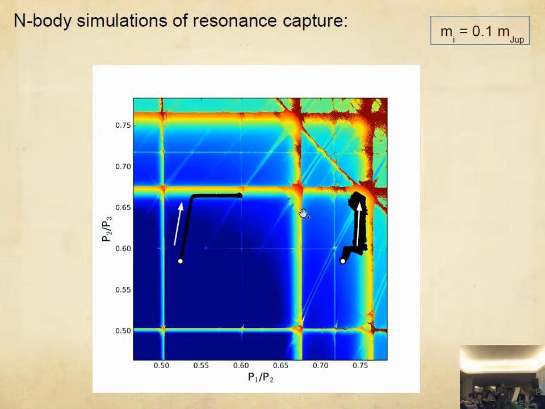So, for example, for this case, first you have the capture of planets 2 and 3 in the 3/2 resonance, and then you begin to move this subsystem until it is captured in the three-body resonance with the other planet. And the same thing occurs here, but you can have some preliminary or temporary captures in different resonances.